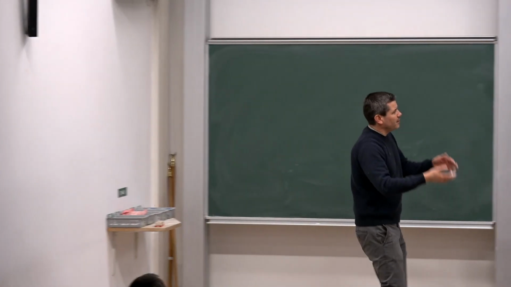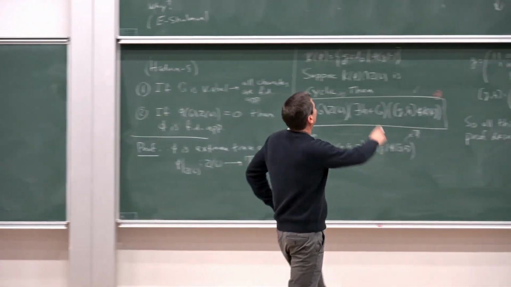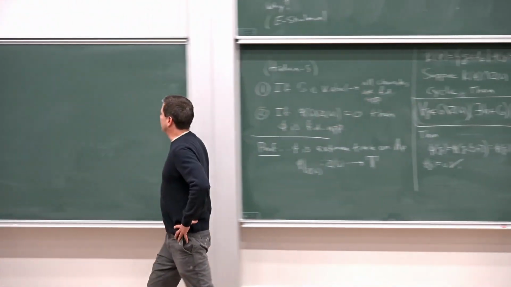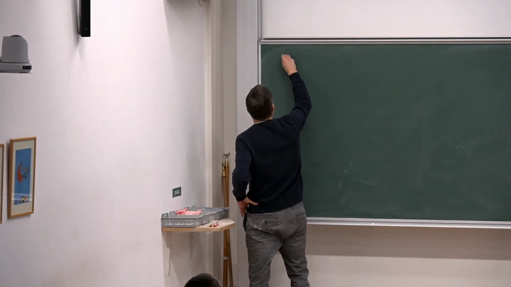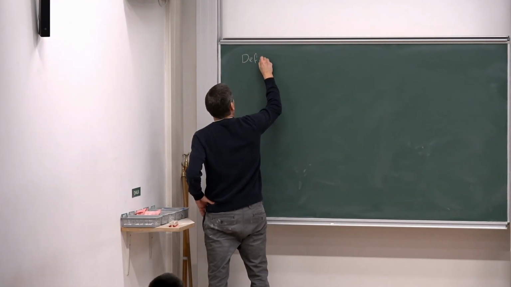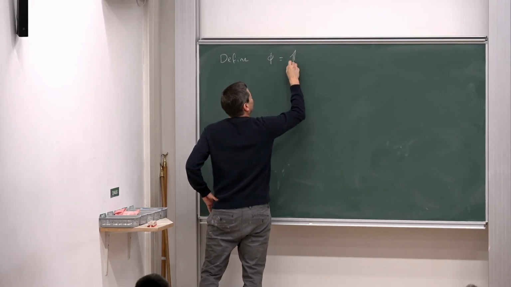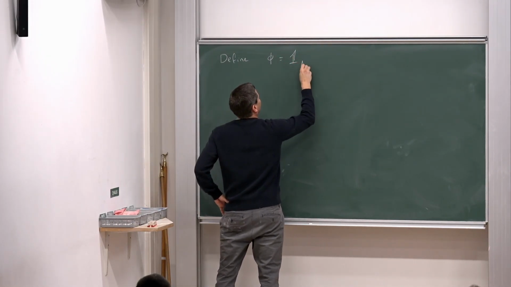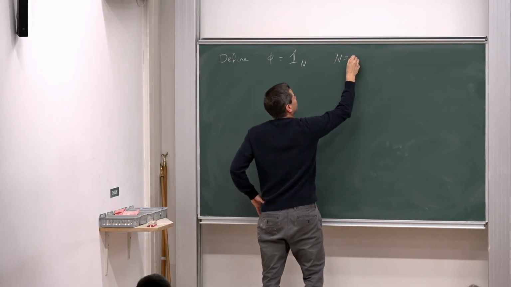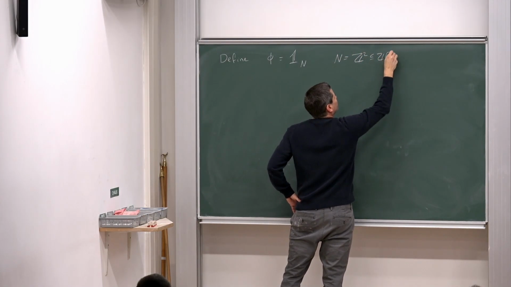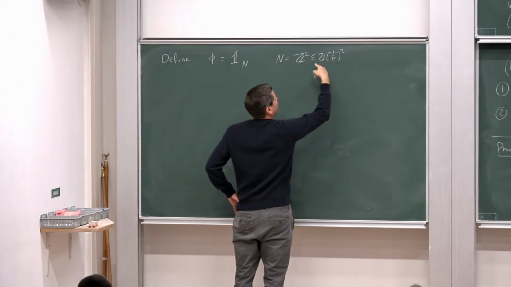My trace will just be, I'll just crush out the Z squared part over there and make it 0 outside. So we define phi to be the characteristic function on N, where N is Z squared sitting inside of there.